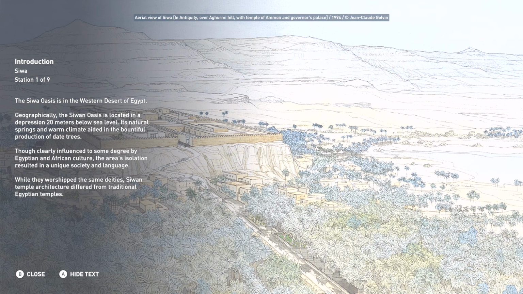Its natural springs and warm climate aided in the bountiful production of date trees. Though clearly influenced to some degree by Egyptian and African culture, the area's isolation resulted in a unique society and language. While they worshipped the same deities, Siwan temple architecture differed from traditional Egyptian temples.